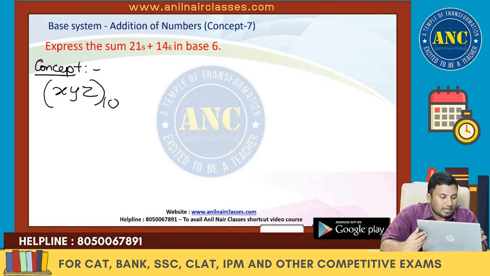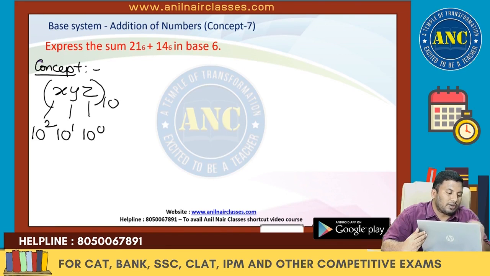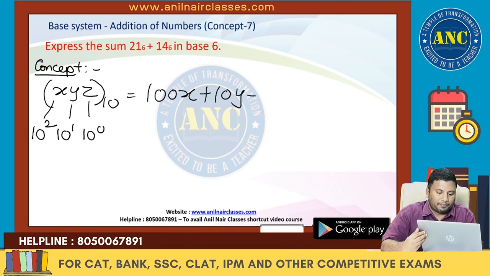Now see here, z is in the units place, 10 power 0. y is in 10 power 1. x is in 10 squared. So, these are nothing but 100x plus 10y plus z. I hope it is clear.